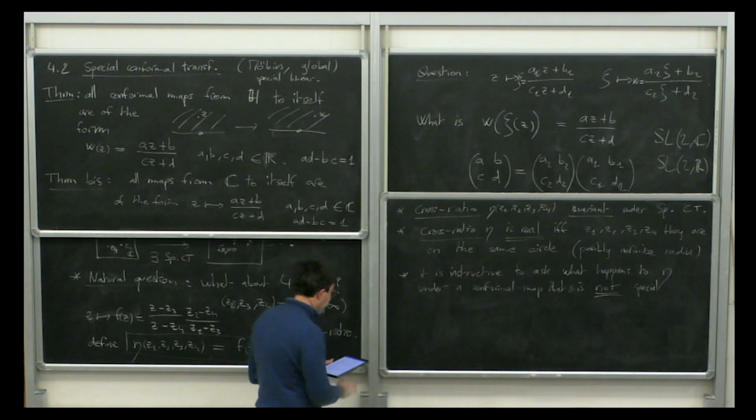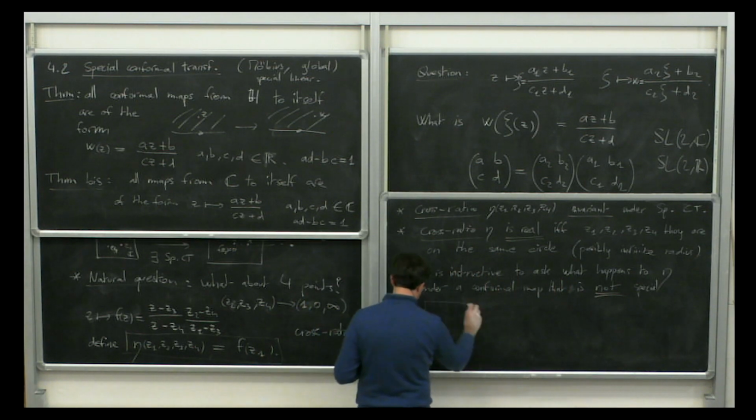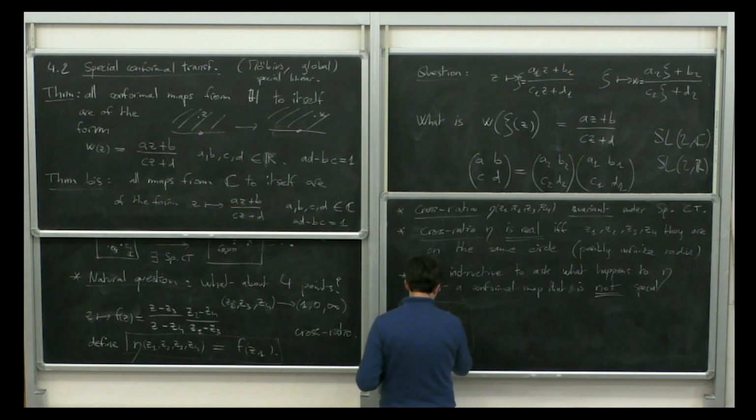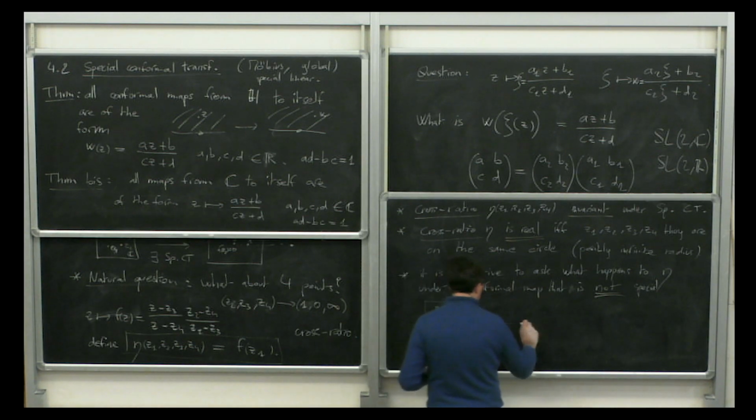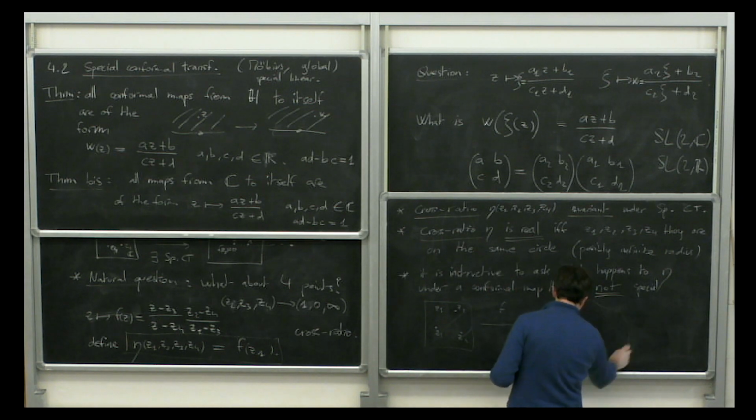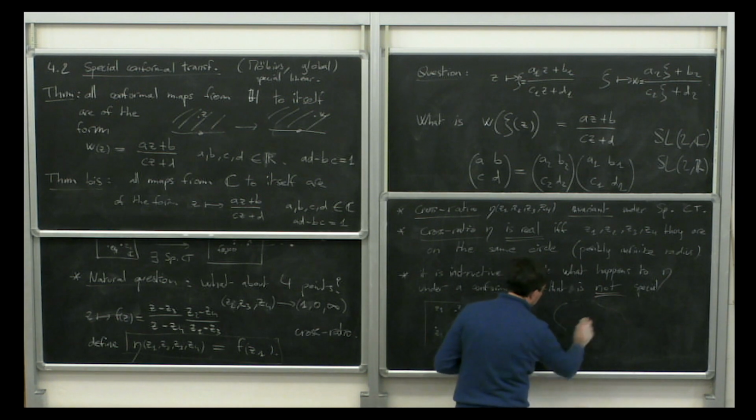Okay, so now what we have in mind is we have our complex plane, our 4 points, z1, z2, z3, z4, and we look at a map that is conformal, but doesn't map the full plane, for instance. Or let's say it's locally conformal.